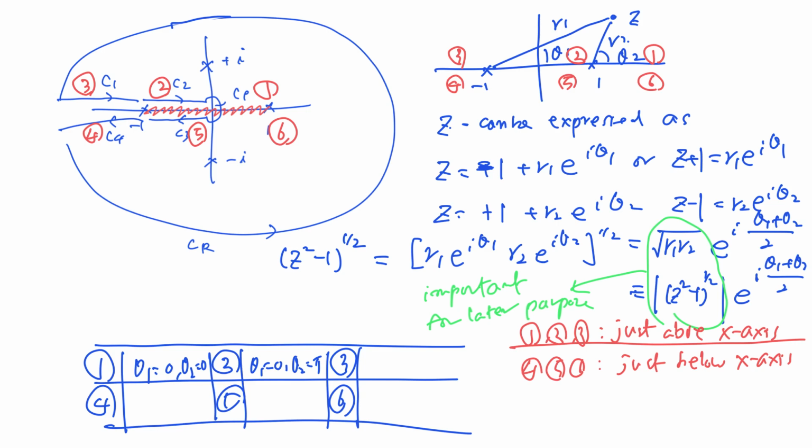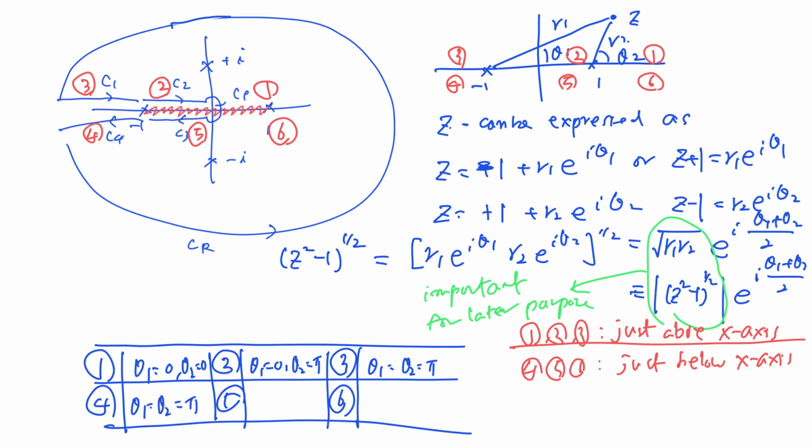So theta 1 and theta 2 are both pi. How about point 4? Same, right? The angle from -1 is still pi, and the angle from z equal to 1 is pi. So theta 1, theta 2 is pi.